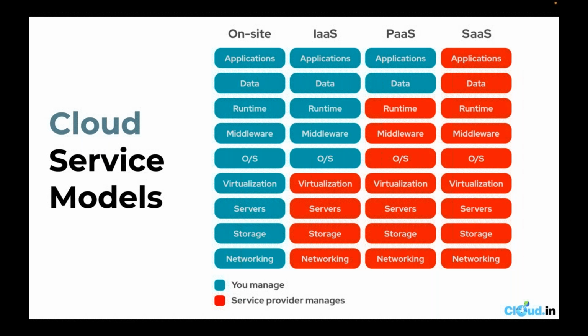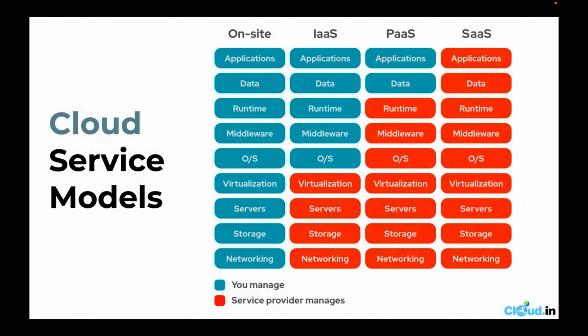But when you shift to cloud, there are three service models that it provides. And firstly, we have infrastructure as a service, wherein, as you can see, applications, data, runtime, middleware, and OS is what the client manages. But the virtualization, for example, providing you virtual server instances, servers, storage, for example, providing you databases, and networking is done by the cloud service provider that you are using.